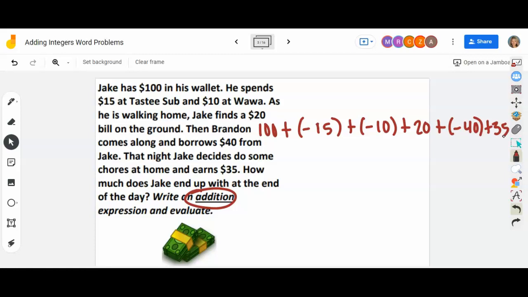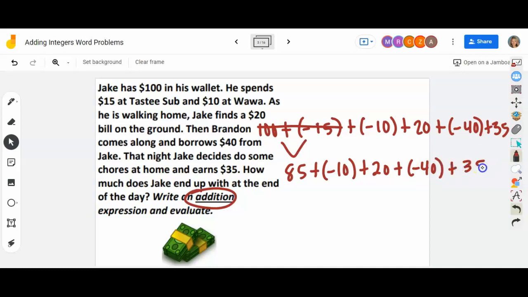I have 100 plus -15. My signs are different, so I subtract. That's positive 85. I'm finished with those 2 numbers. I'm going to bring everything else down. Then I go to my next 2 numbers. 85 plus -10. My signs are different. I find the difference.